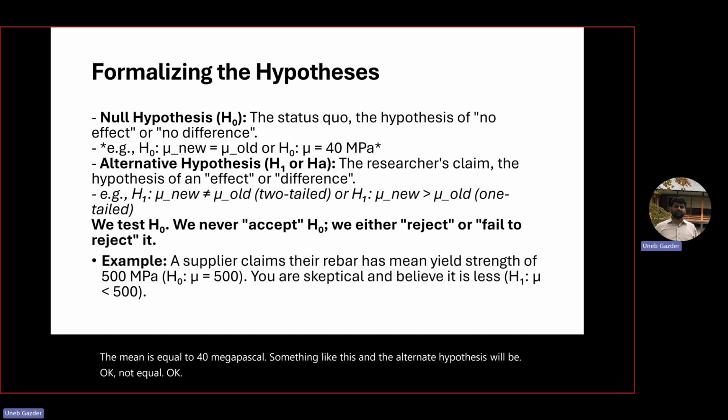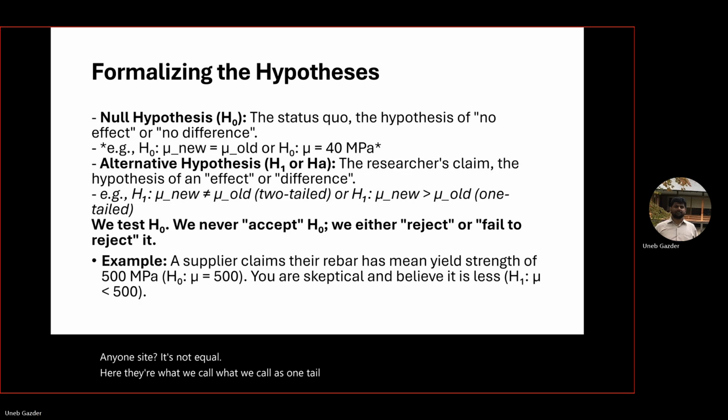Now here, this is what we call a two-tailed test. Two-tailed. Why? Because not equal to means what? Higher or lower, on any side not equal, right? And here, if on any one side it's not equal, this is what we call a one-tailed test, because now we are going in one side.